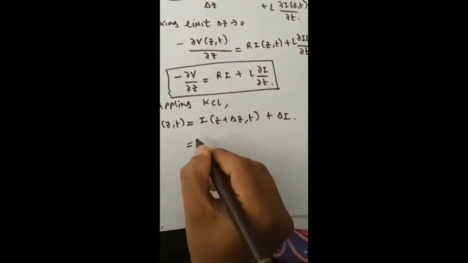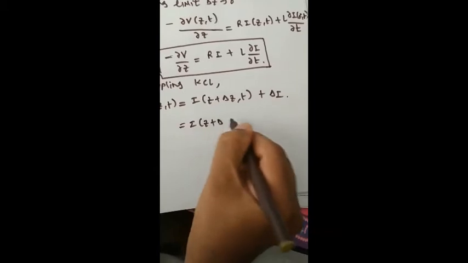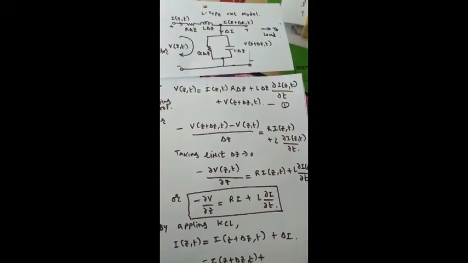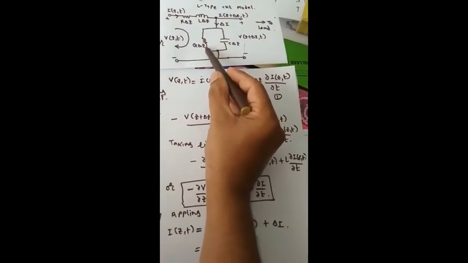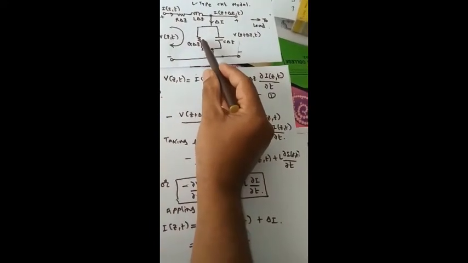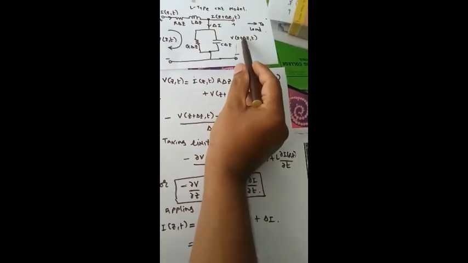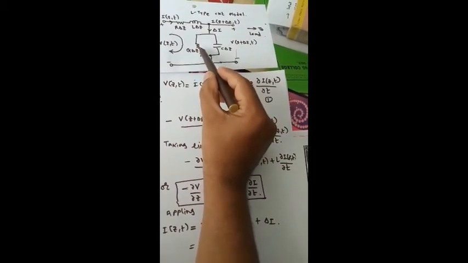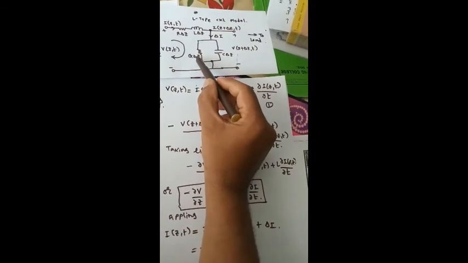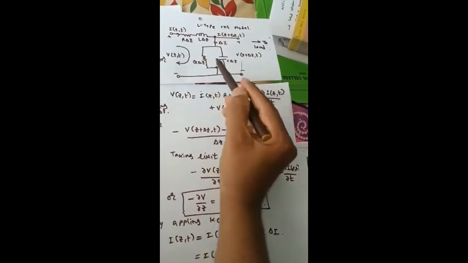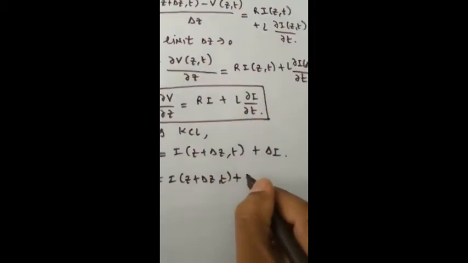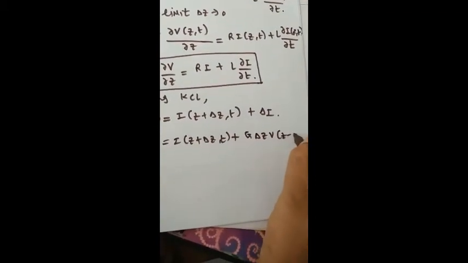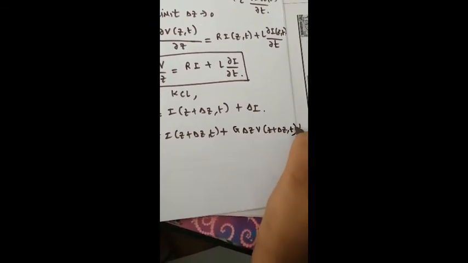Let me now write down that part. Then I can write that I(Z plus delta Z, t) plus delta I is the G delta Z times the voltage V(Z plus delta Z, t), so the voltage across this conductance multiplied by the conductance gives the current.